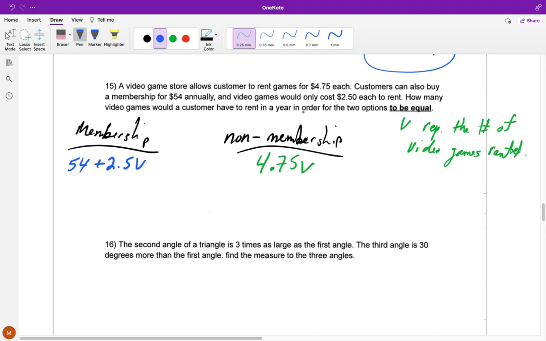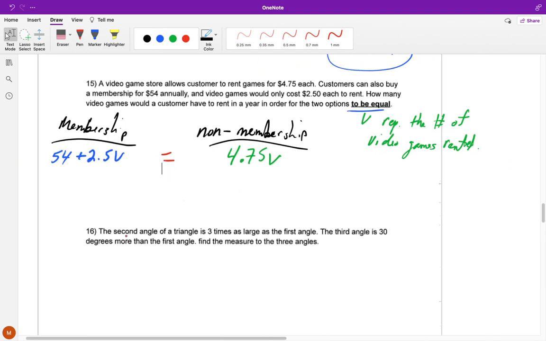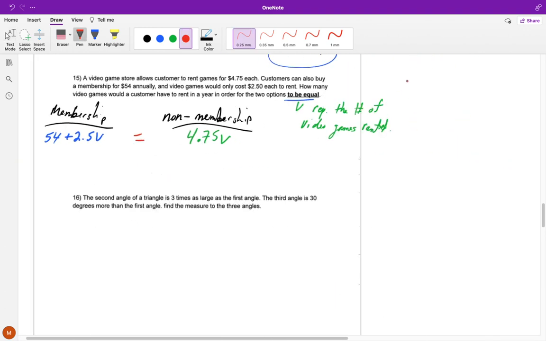So it says, how many games would it be for the 2 options to be equal? Well, just think about how we can show that these are equal, putting an equal sign in between them. So now from here, I will write this off to the side. So now we have the equation of 4.75V is equal to 2.5V plus 54.